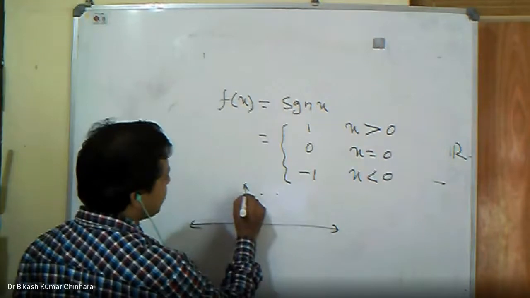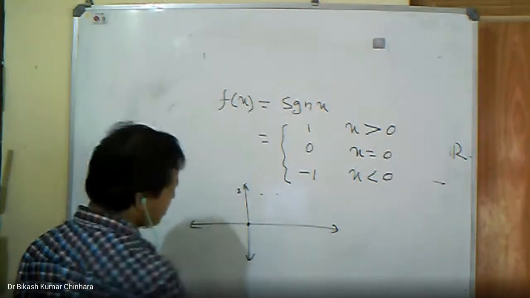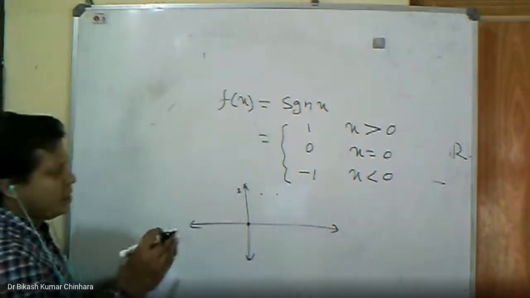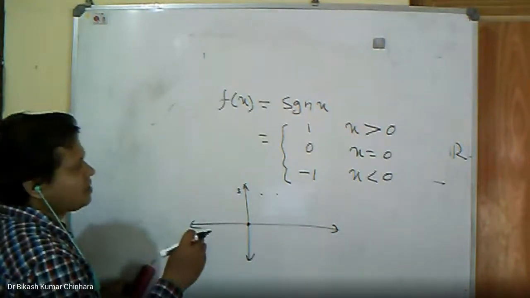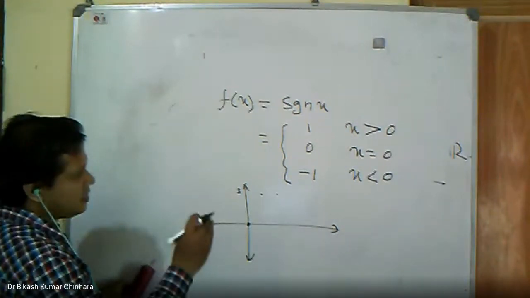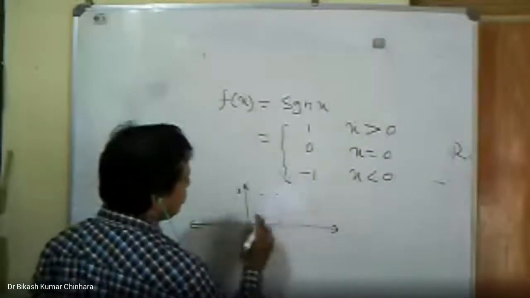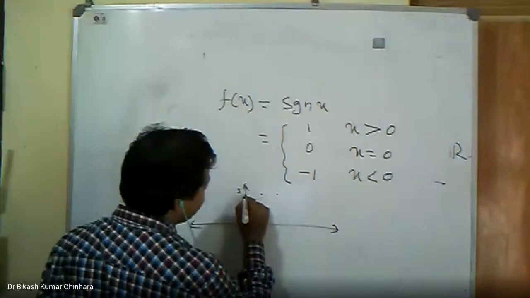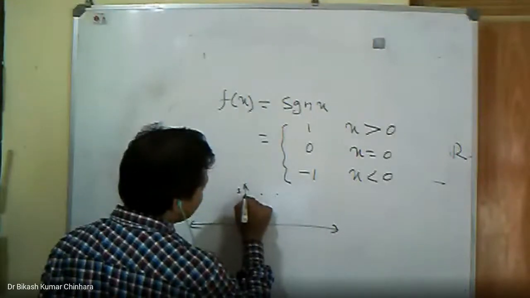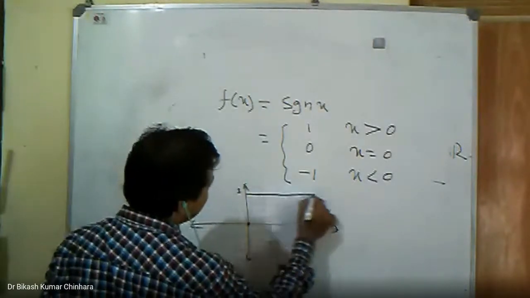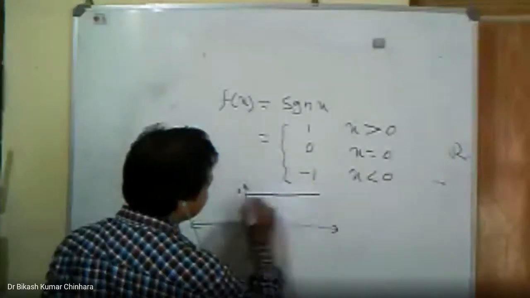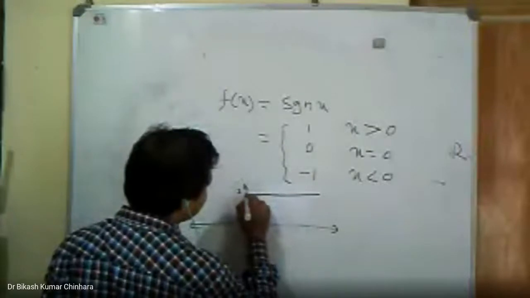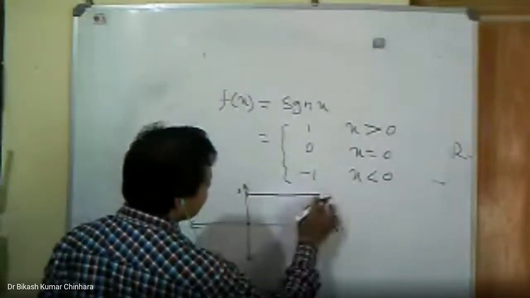If the value of x is a little more than 0, then the graph will be 1. The functional value will be 1. So if I plot all the images, the graph will be like this. At 0 it is 0, so this is not there. So this will be the graph.